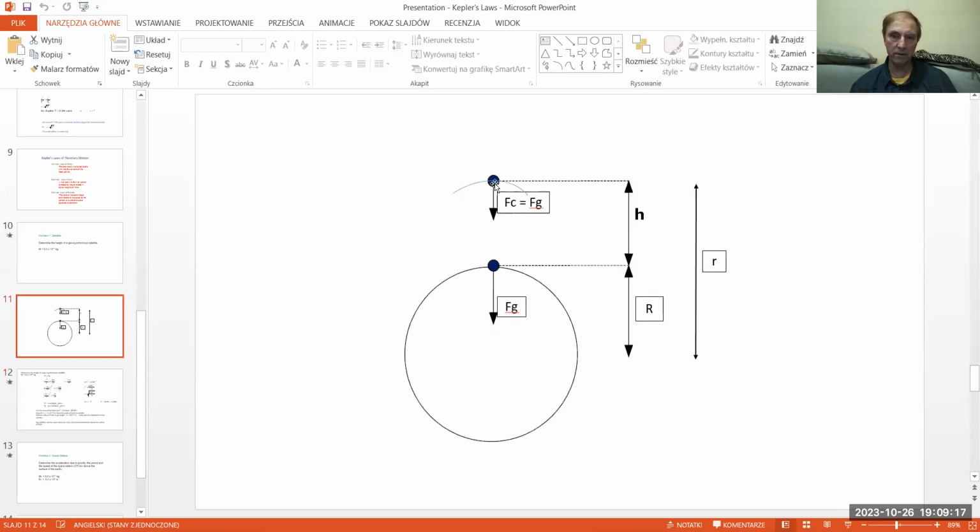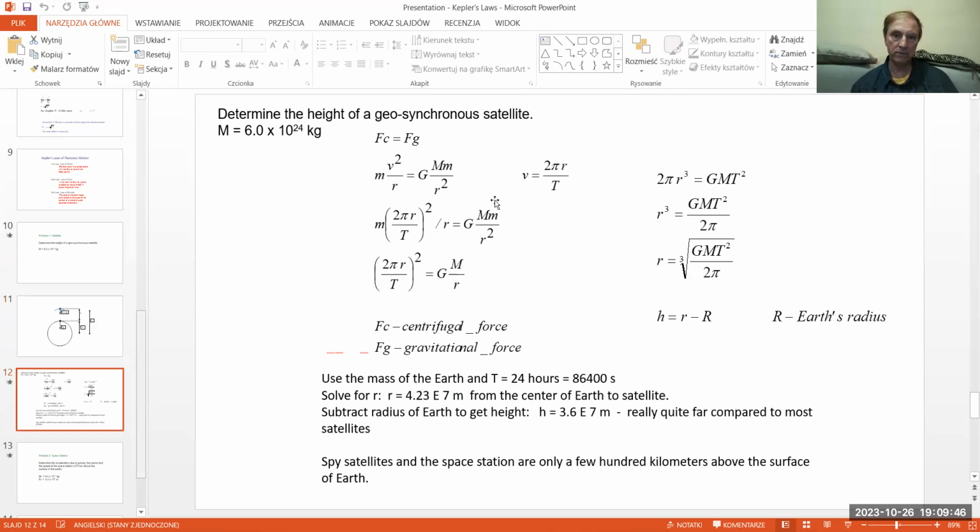If we have a certain body which is moving in a circle around the Earth, the gravitational force which is acting on this satellite is nothing but a centrifugal force, Fc. Centrifugal force is the force about which we know from the circular motion. So again, centrifugal force is equal to gravitational force.